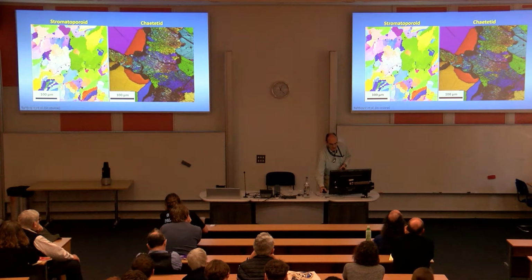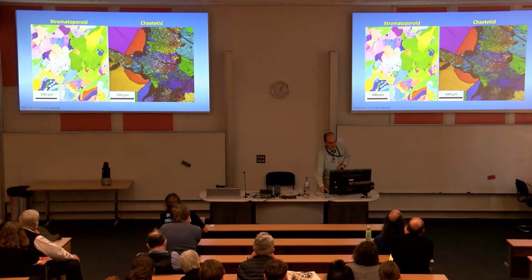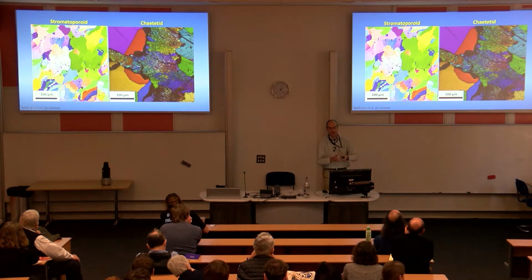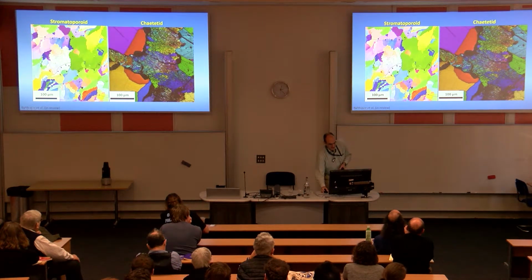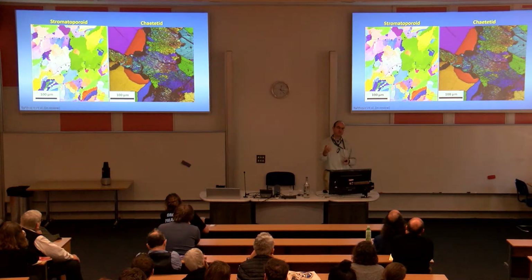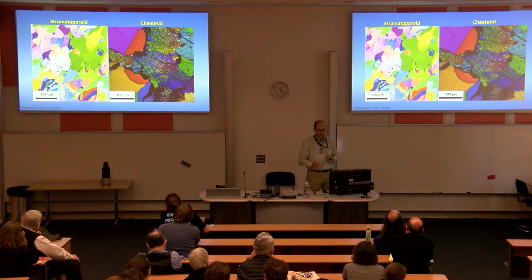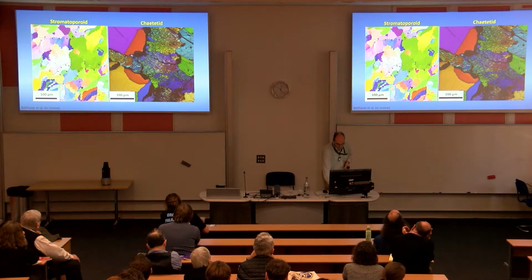So essentially, we can use the ketitid to get a better idea of how these clusters were before, like at an earlier stage of diagenesis. Essentially, a cluster like this here would have been composed of many more small crystals that had individual crystal orientations, and somehow they merged during diagenesis.